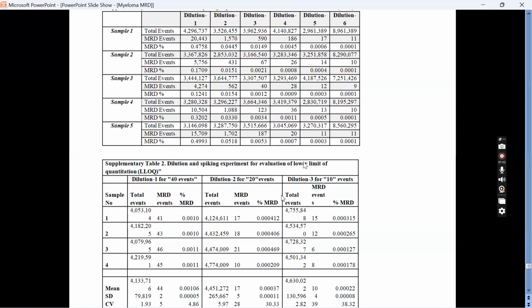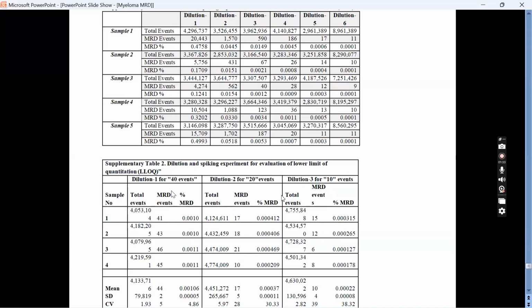Yes, true. See, here it is for validating your LLOQ. For validating LOD, you can do serial dilutions. For validating your LLOQ, your calculation has to be so precise that you drop those events into that control or background sample. But calculating that is so challenging, sir, to get the exact dilution.